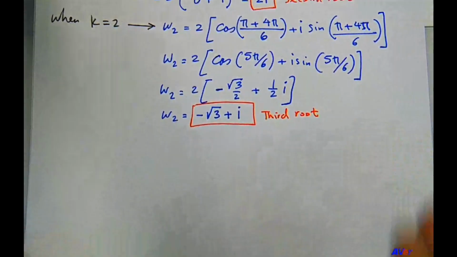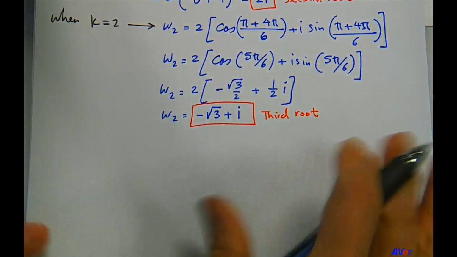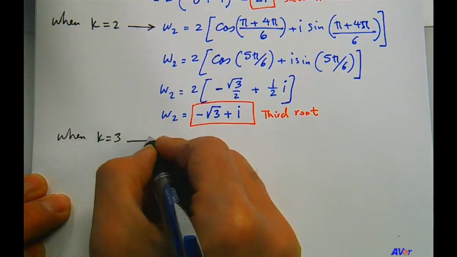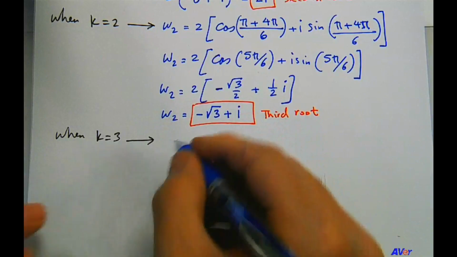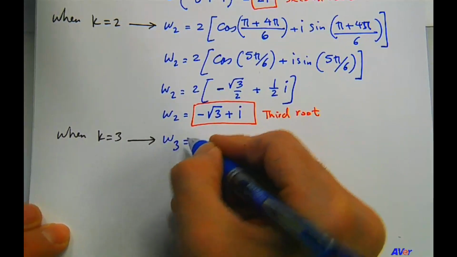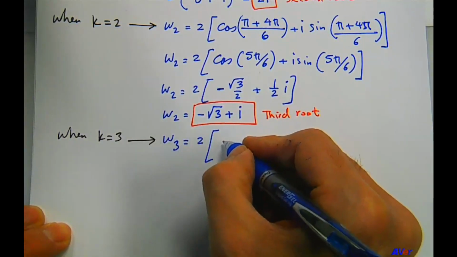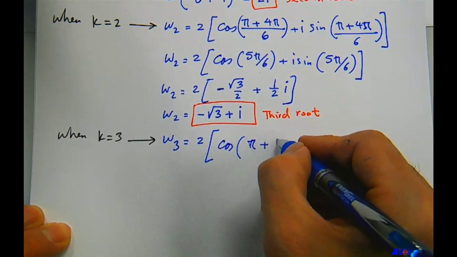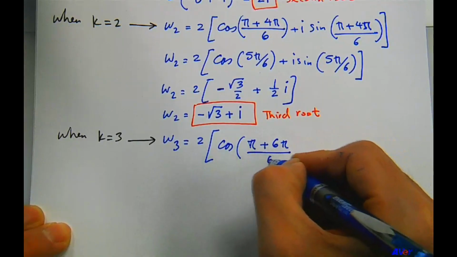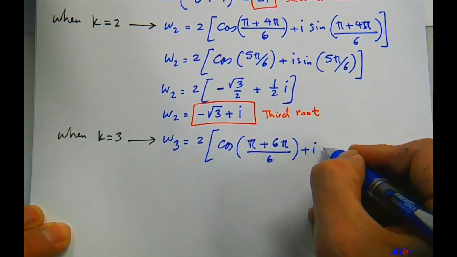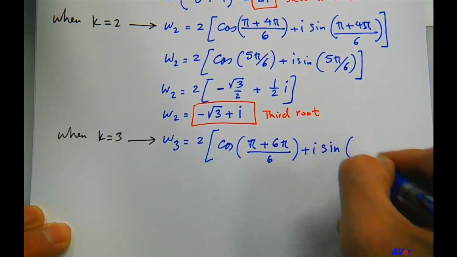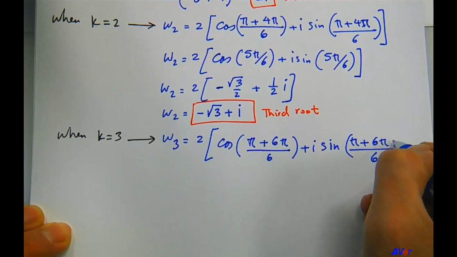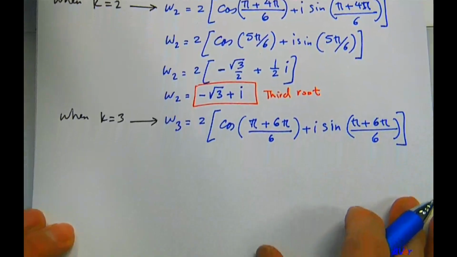Okay, let's find the fourth root. So when k equals 3, then we have W3 equals 2 times cosine of pi, which is theta, plus 6 pi over 6, plus I sine of the same thing, pi plus 6 pi over 6, end of the bracket.